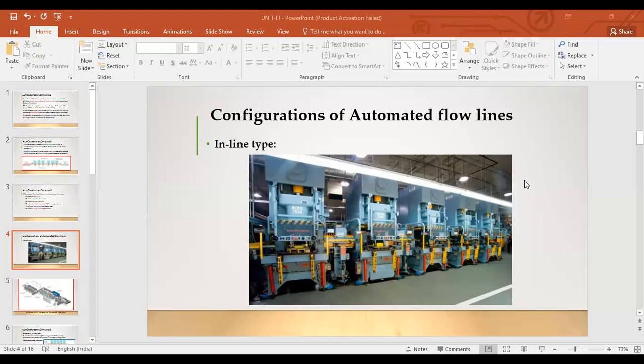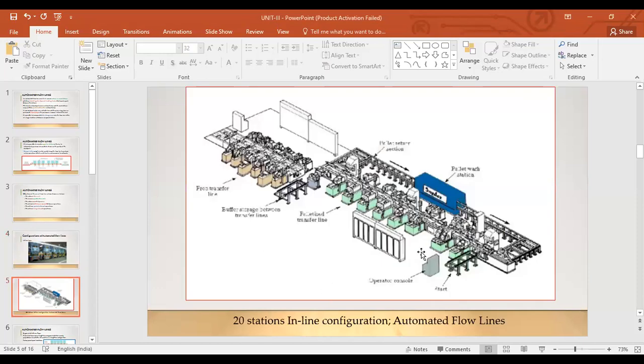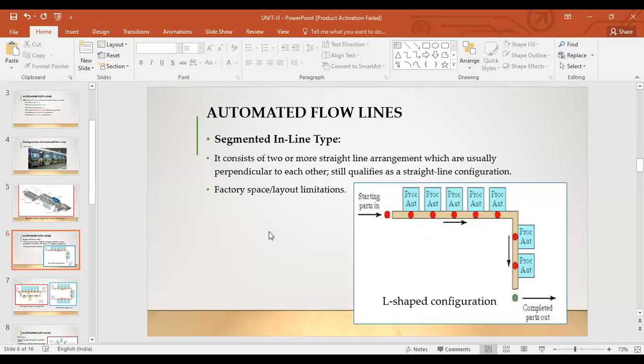So you have the inline type configurations. This was your example of a 20 station inline configuration. But even if the stations are not forming a straight line, we still call it segmented inline. This could be because of factory space limitations, or the orientation of the machines also.